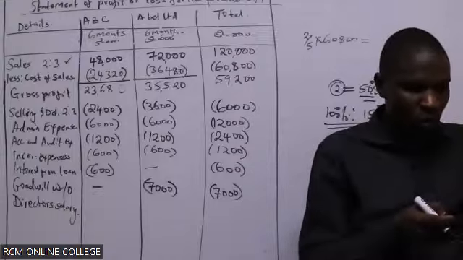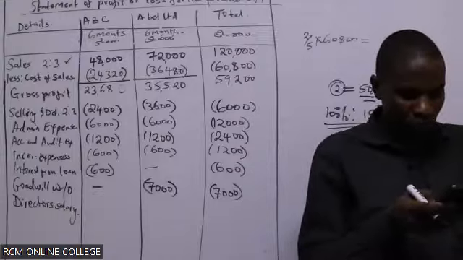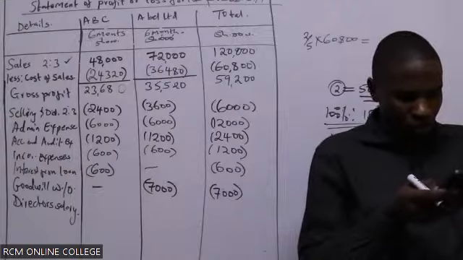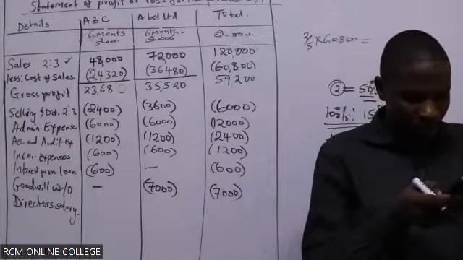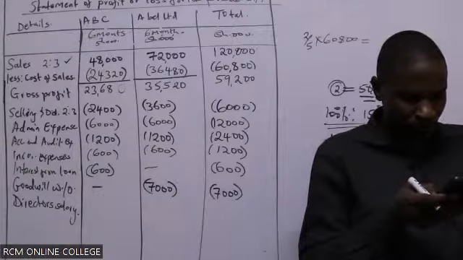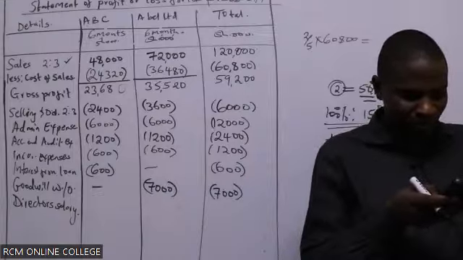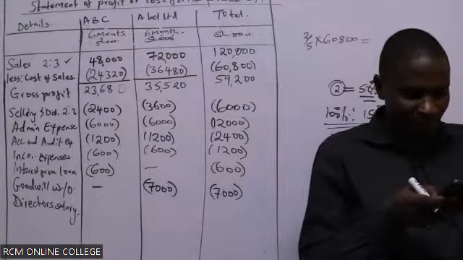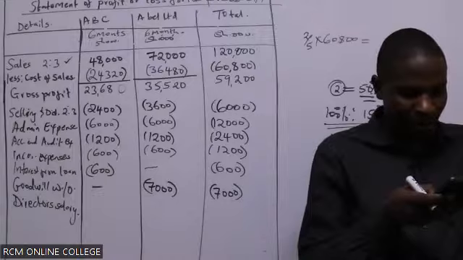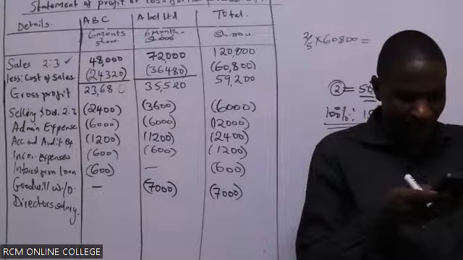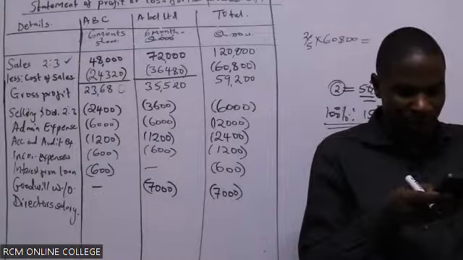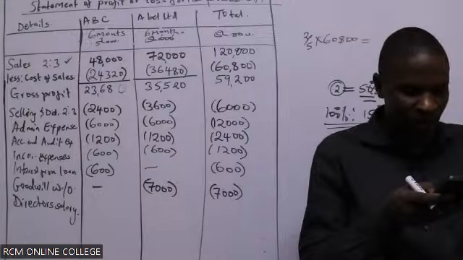Trade receivable we don't have, okay, but note 2 still. What does note 2 say? Okay, each partner to become a director of the company at the same salary as that previously allowed in the partnership.